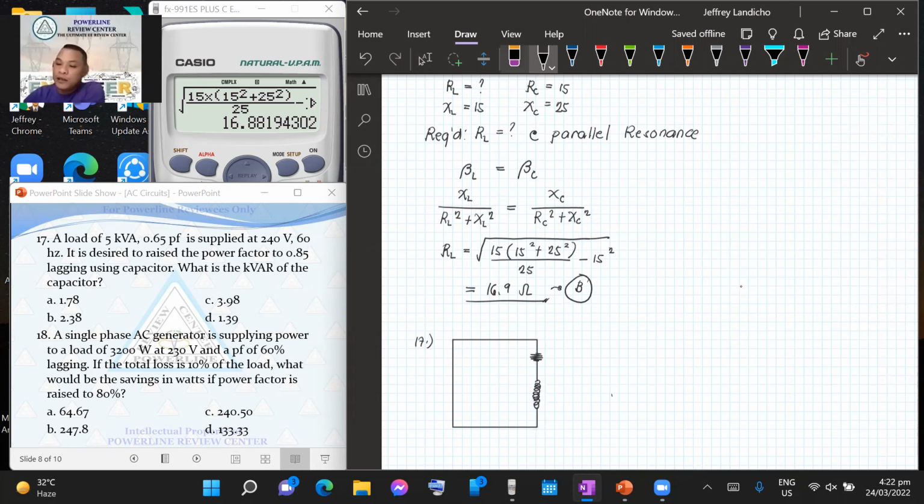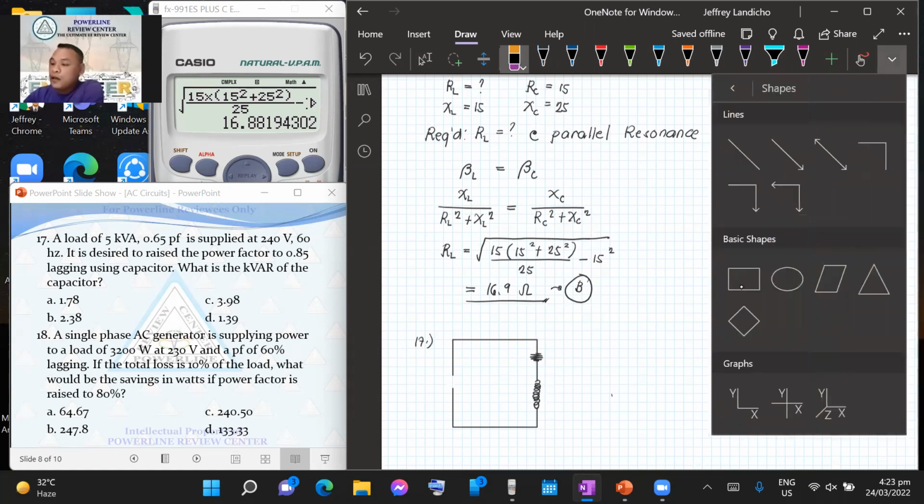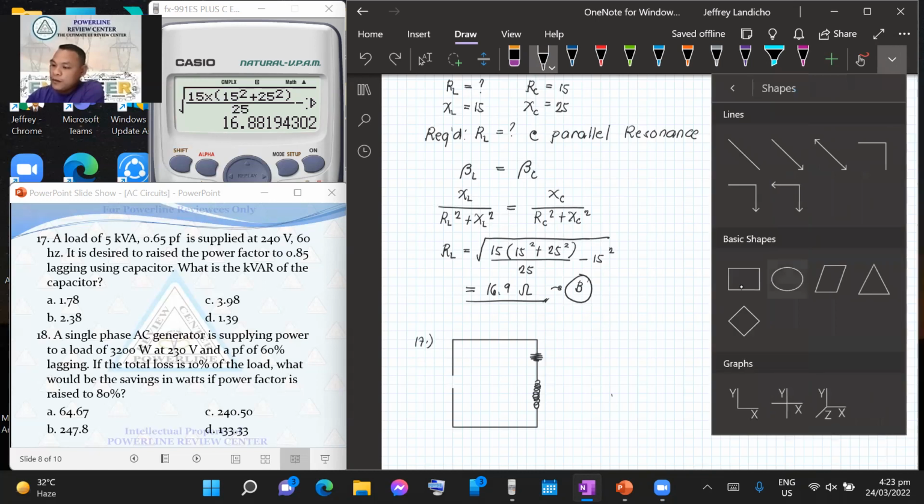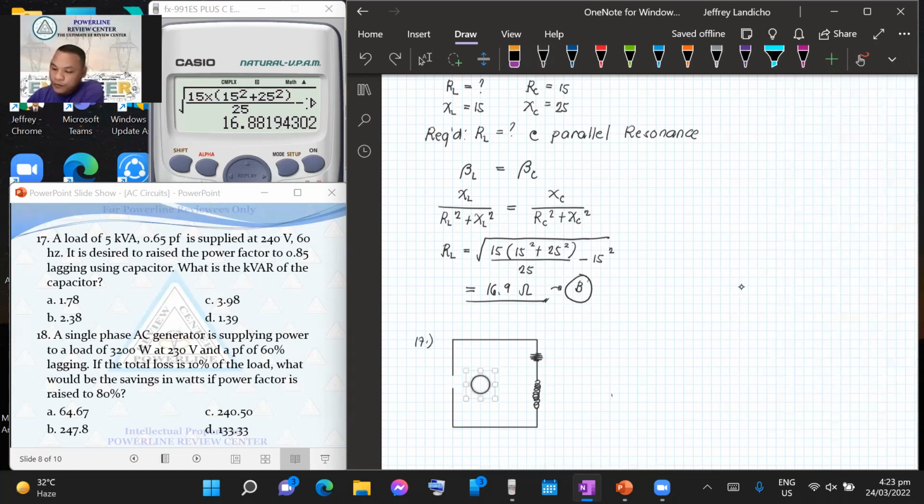So that will be our inductive load connected to our alternating voltage. So we have the inductive load, no? So we have each equivalent circuit para lang tayo may resistance and inductance.